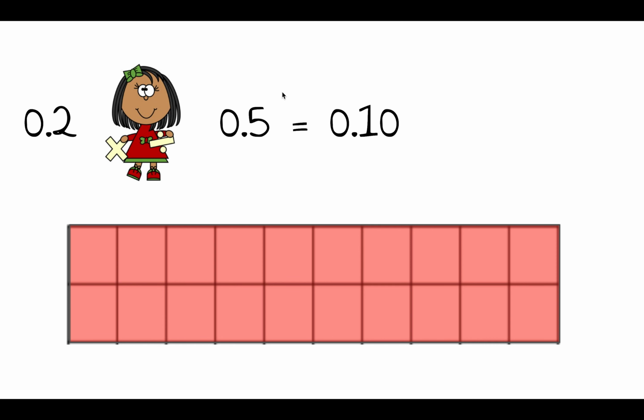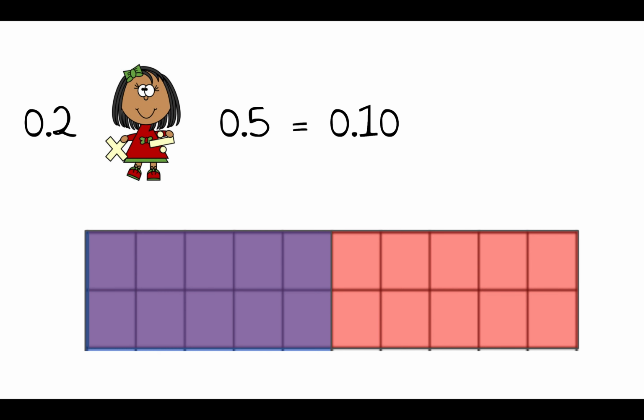So now you're going to tell me if I'm multiplying or dividing. In this problem, I started with 2/10 and I found 5/10 of it. And my answer was 10/100. Did I multiply or did I divide? You can think about if my answer got smaller or bigger.